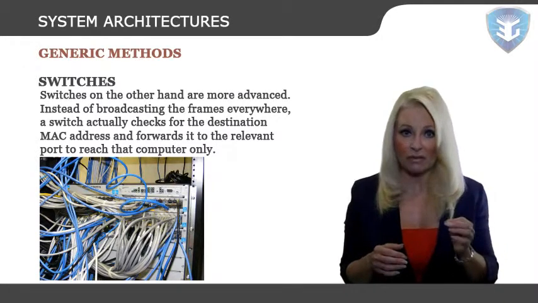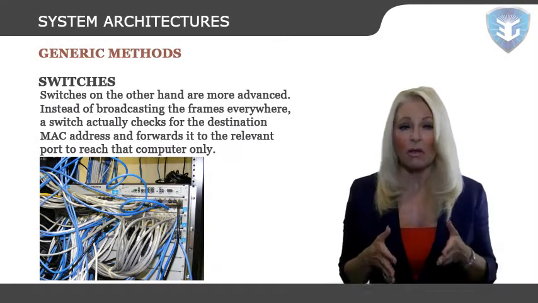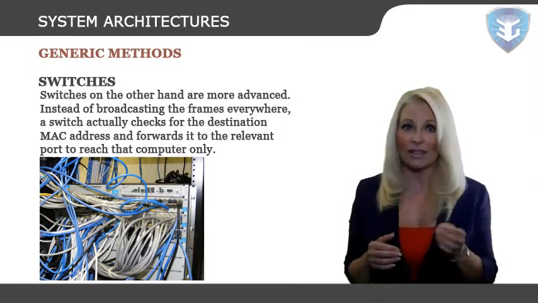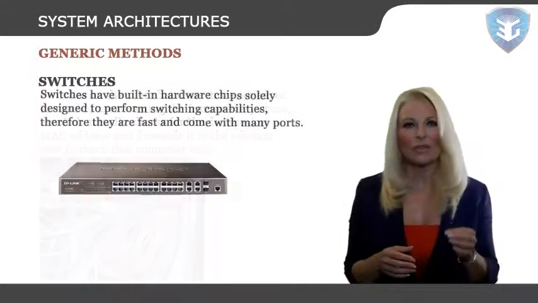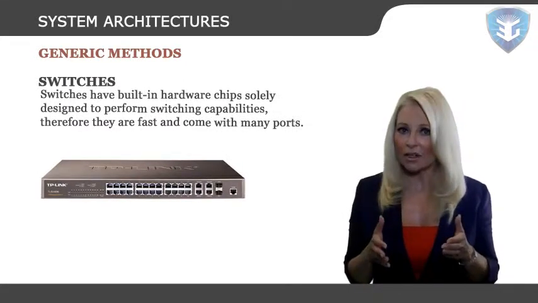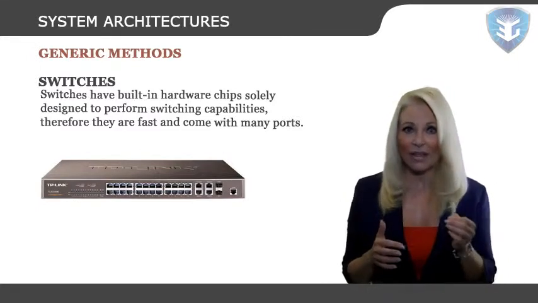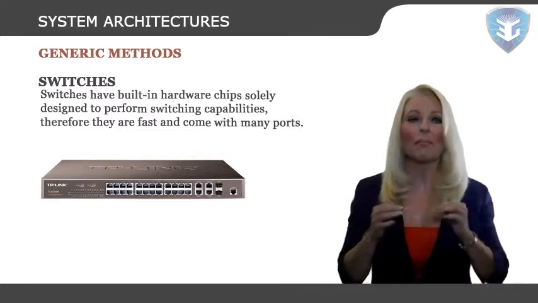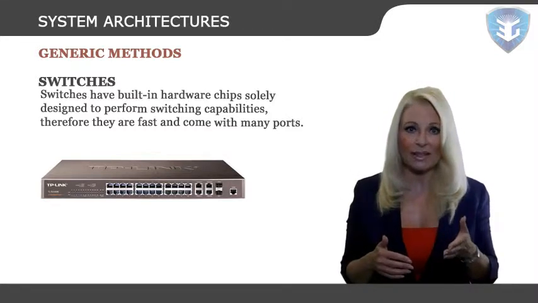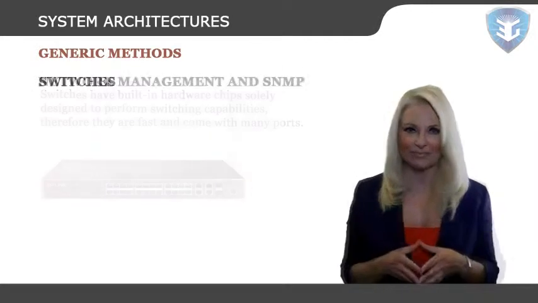This is very efficient for busy LANs, and it also protects frames from being sniffed by other computers sharing the same segment. Switches have built-in hardware chips solely designed to perform switching capabilities. Therefore, they are fast and come with many ports. Sometimes they are referred to as intelligent bridges or multi-port bridges.